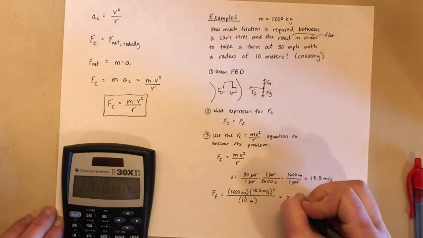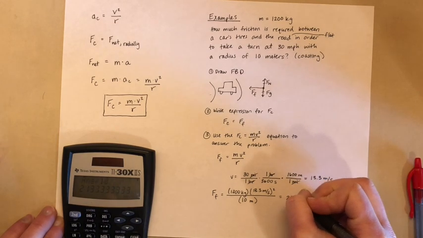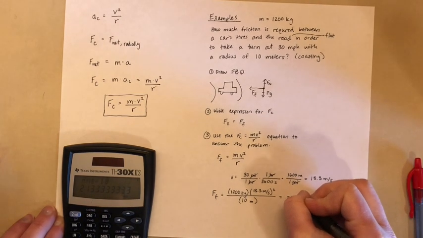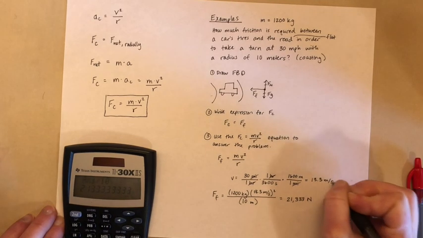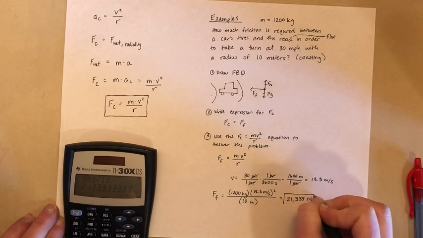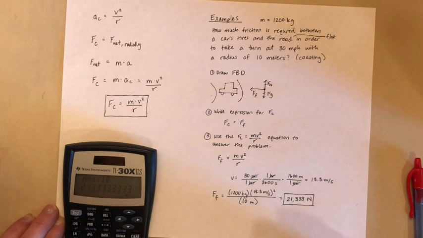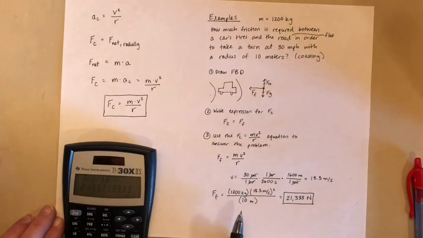And it's a really large number. 21,333 newtons or so. This is probably impossible, but who knows? This is a really short radius, so it's kind of looking at if you're taking a super, super sharp turn. That's a pretty large amount of friction that would be necessary.